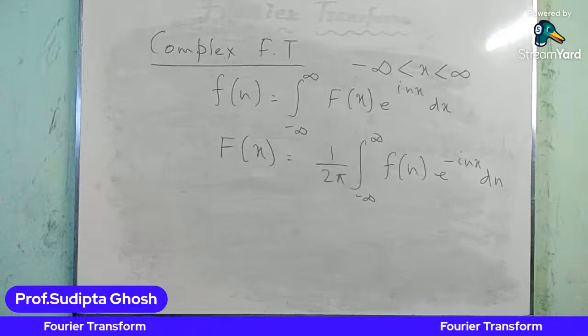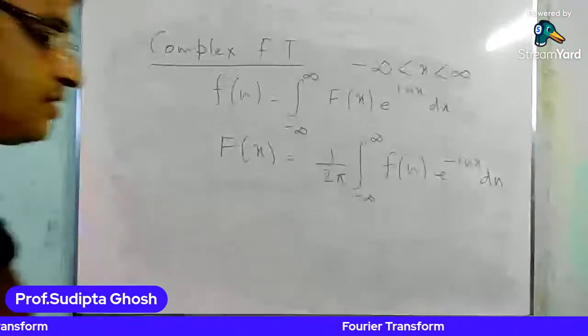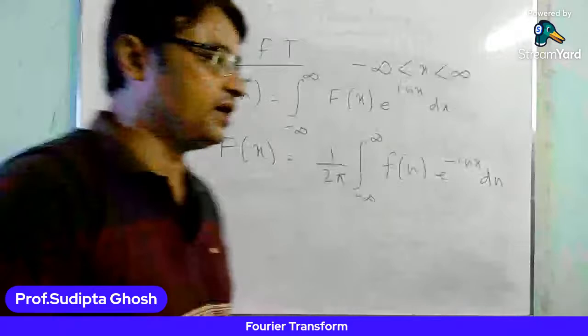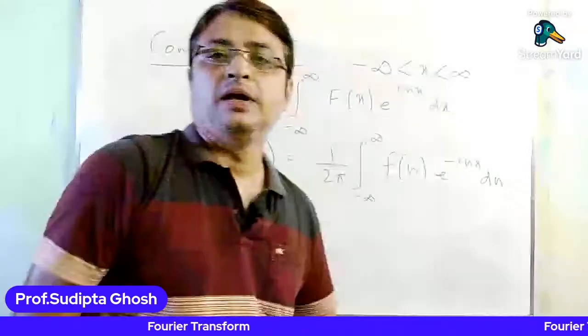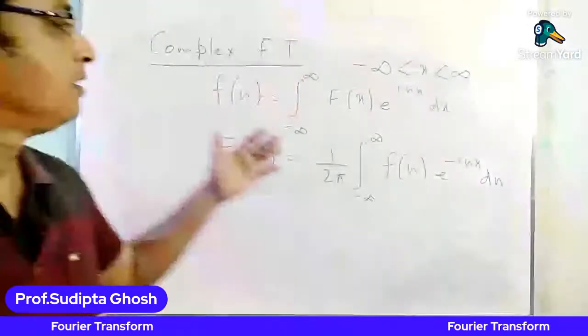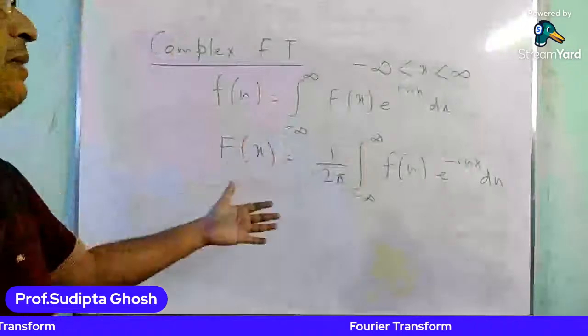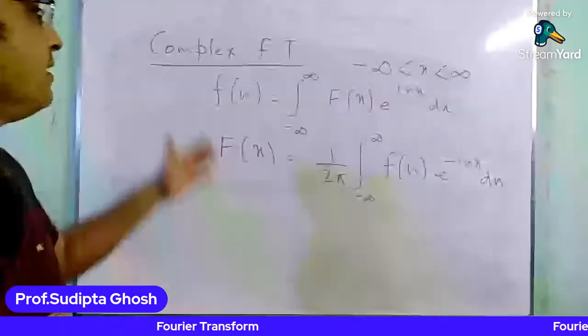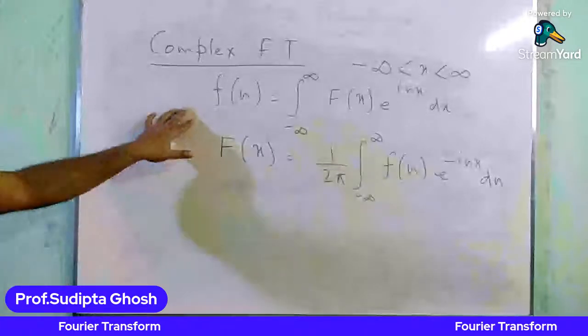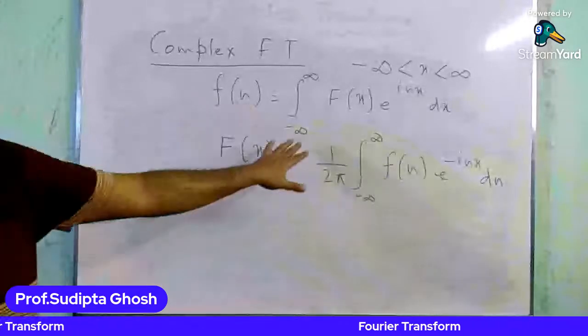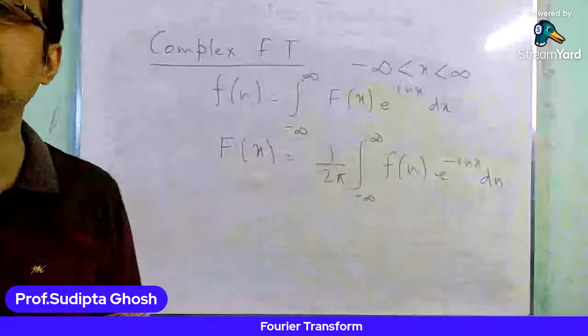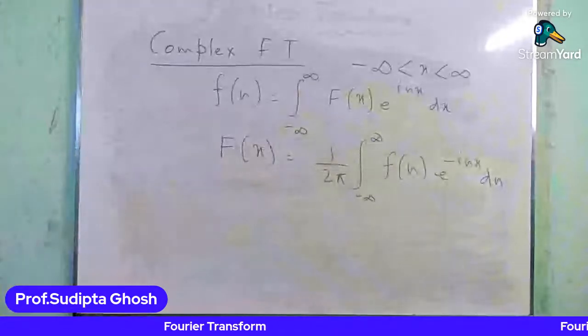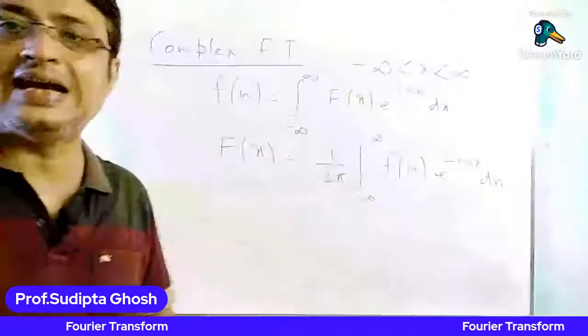Okay, so this is the complex Fourier transformation. Here the function is defined in the limit minus infinity to plus infinity, and for this the transformation can be written as integral minus infinity to plus infinity capital F of x e to the power i n x dx.